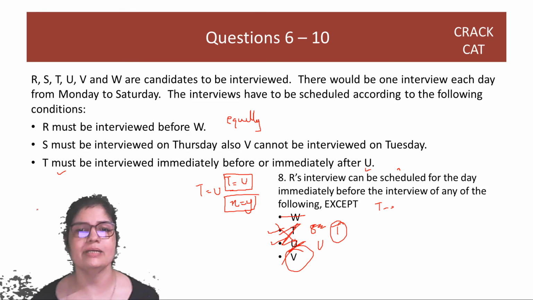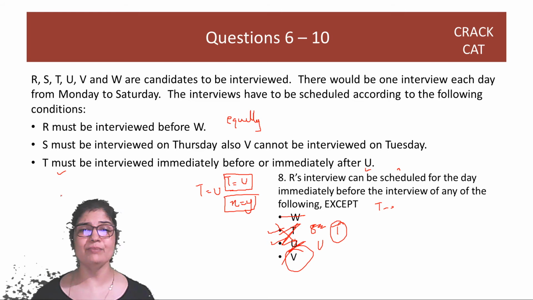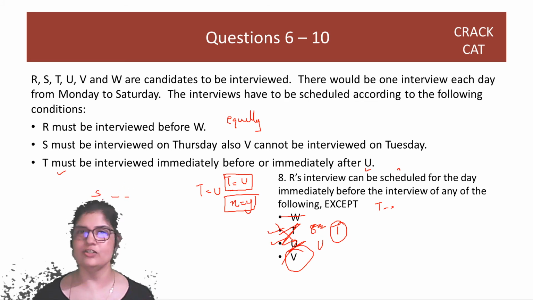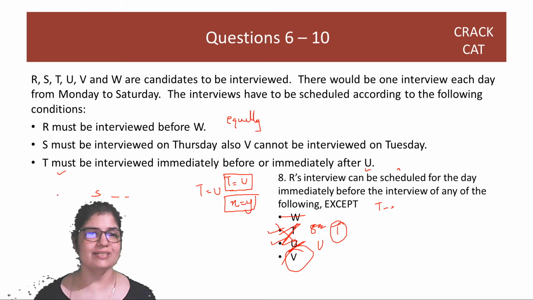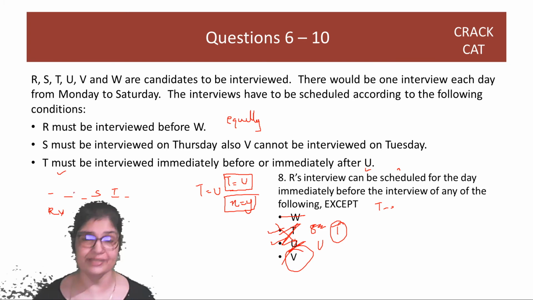We don't need to, but let's see why this will not work. If R's interview has to be immediately before V, okay, then R and V cannot come in the last 2 because W has to be after R, no? So R and V cannot come here. That means R and V have to come here. They have to be in the first 3. So T and U have to be here because I need 2 consecutive. So T and U cannot come in the first 3 because R and V are already there.